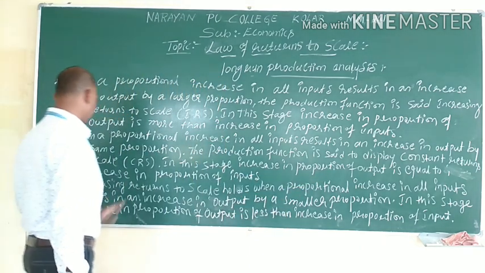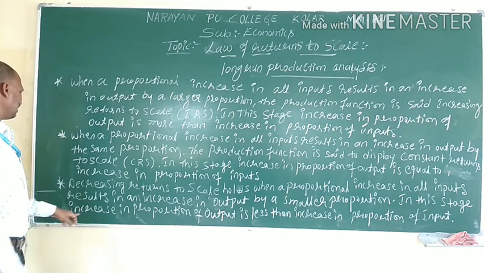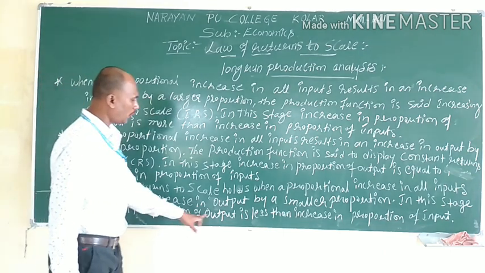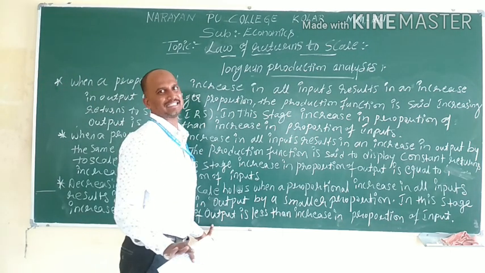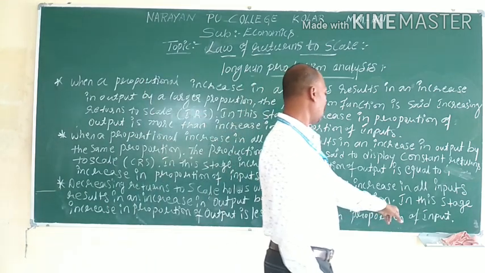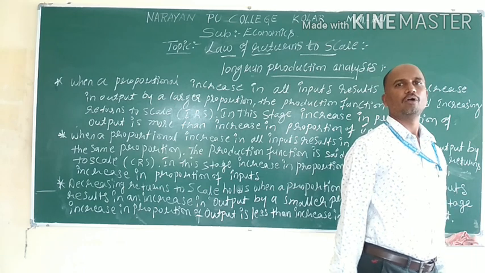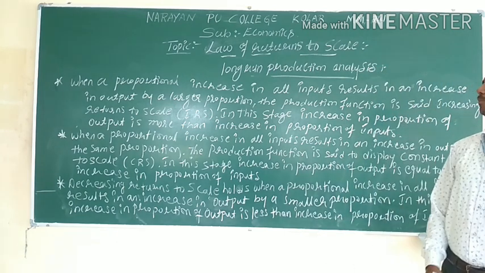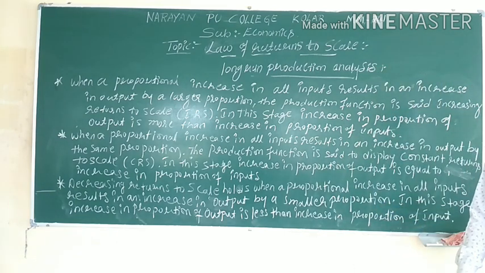In this stage, this point is notable: the increase in the proportion of output is less than the increase in the proportion of input. This is what we call the law of returns to scale.